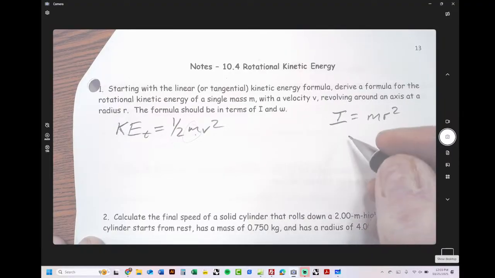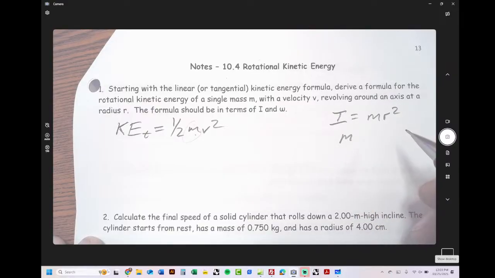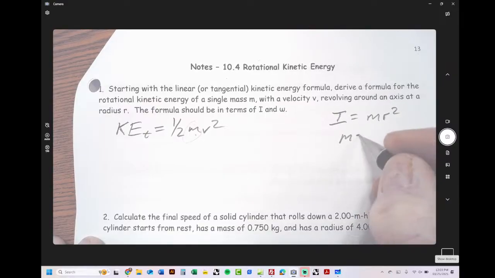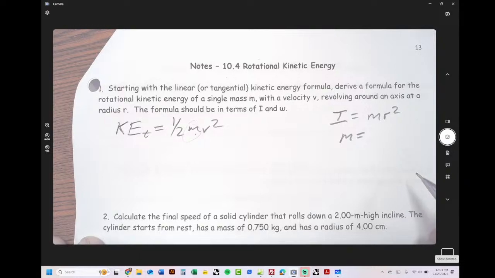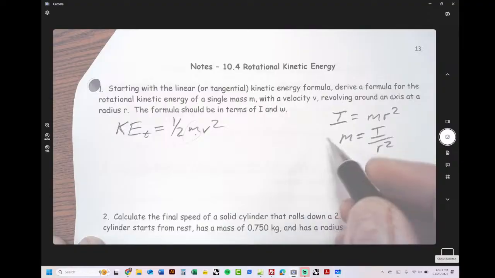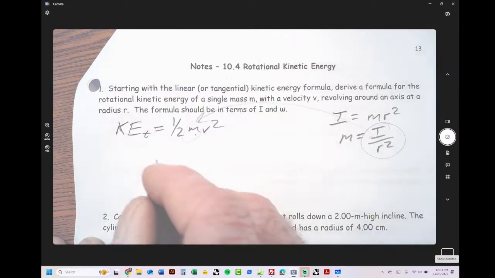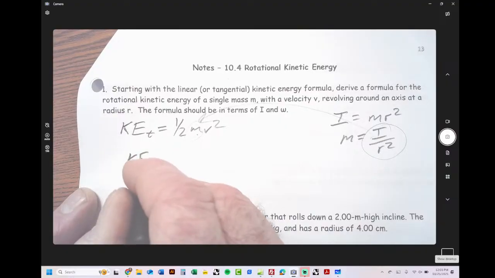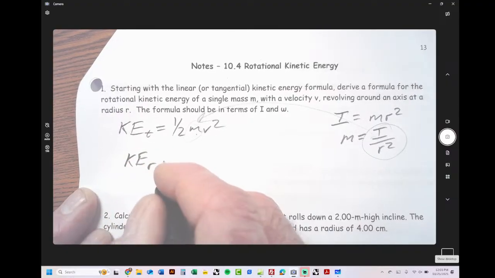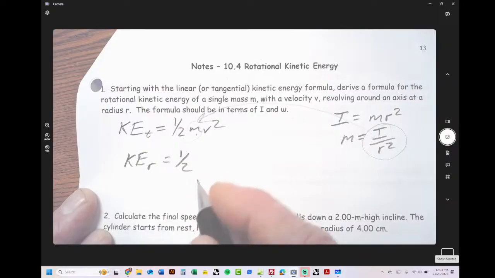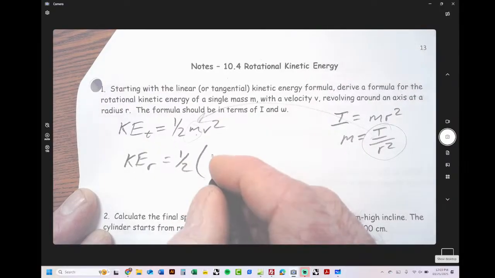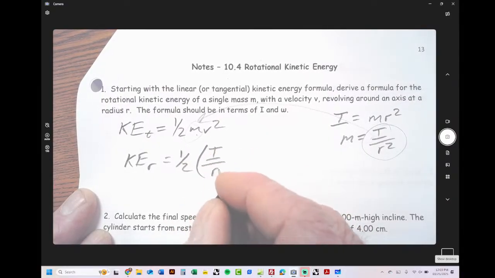So m would equal I over r squared. So I'm going to substitute this in right here. So this is going to be Ke rotational, and I'll leave the 1/2, but now I over r squared.